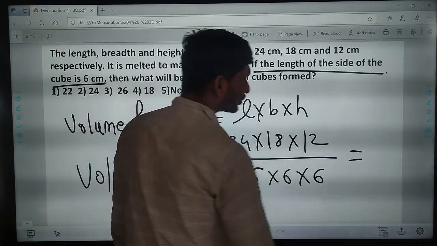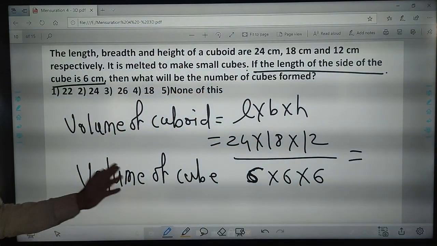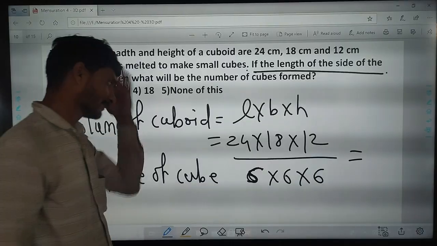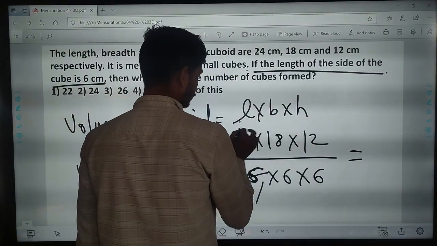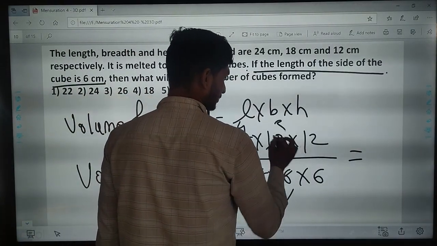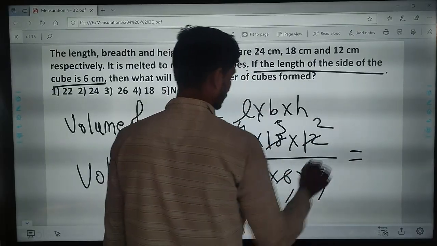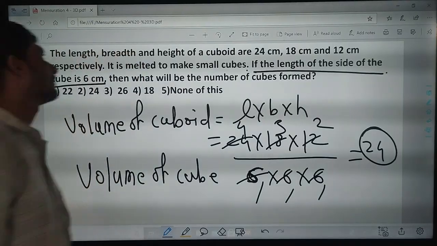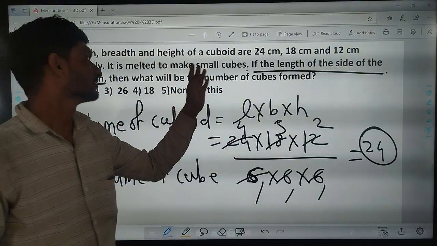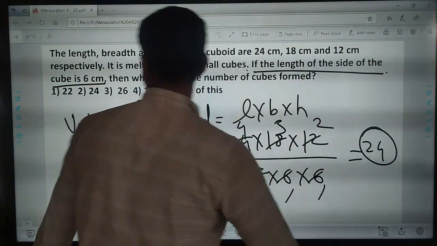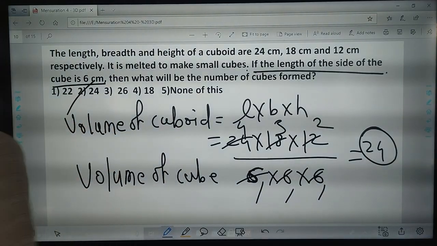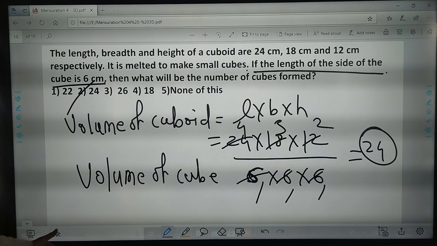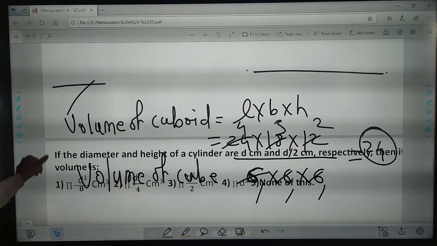Then this is the total number of cubes formed from the cuboid, which is 24. Now your answer is 24.